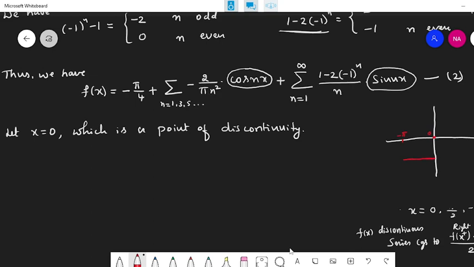When x lies between 0 and pi, so the function is not continuous at x equal to 0. At all the points except at 0, the function is continuous. Hence, the series converges to (f of 0 plus plus f of 0 minus) by 2.